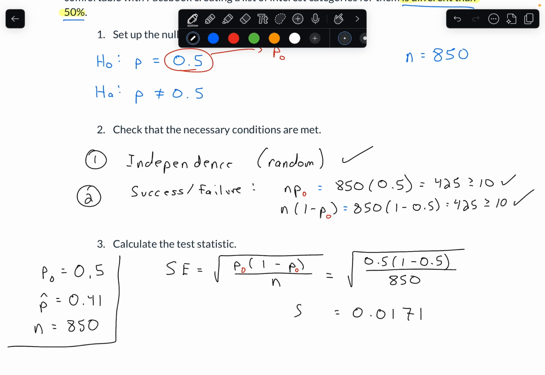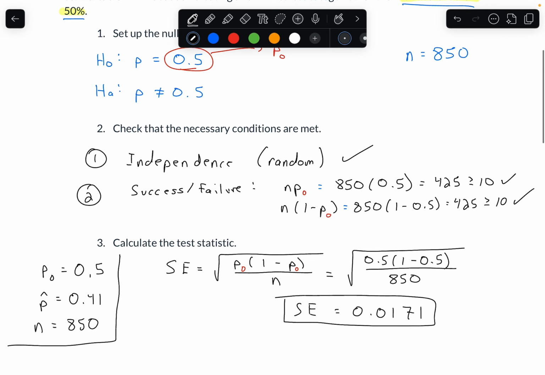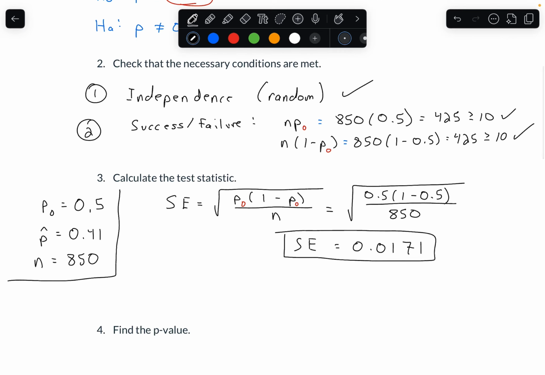I'm going to go ahead and round to 4 decimal places here. So there's my standard error. I kind of want to have that number first before we jump into the actual test statistic, because I'm going to need the standard error to find the test statistic. So we've got standard error, excellent. Now we're ready to find our test statistic.